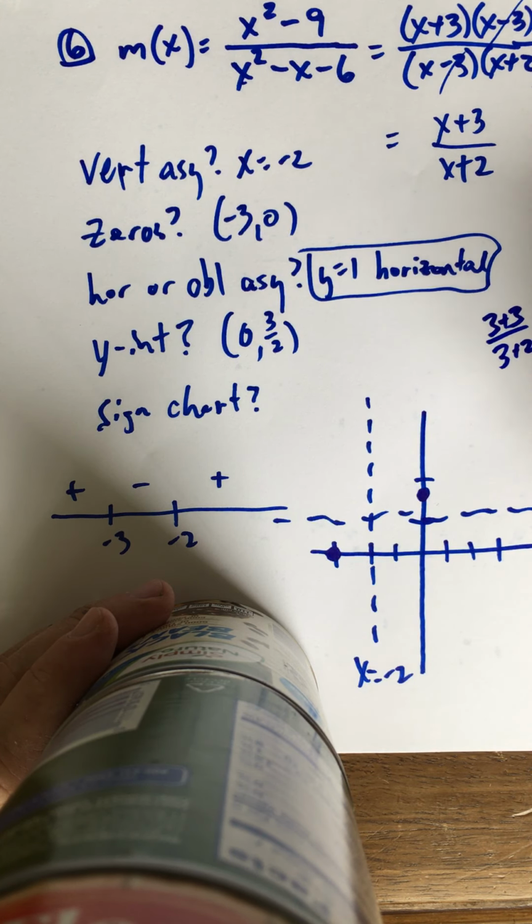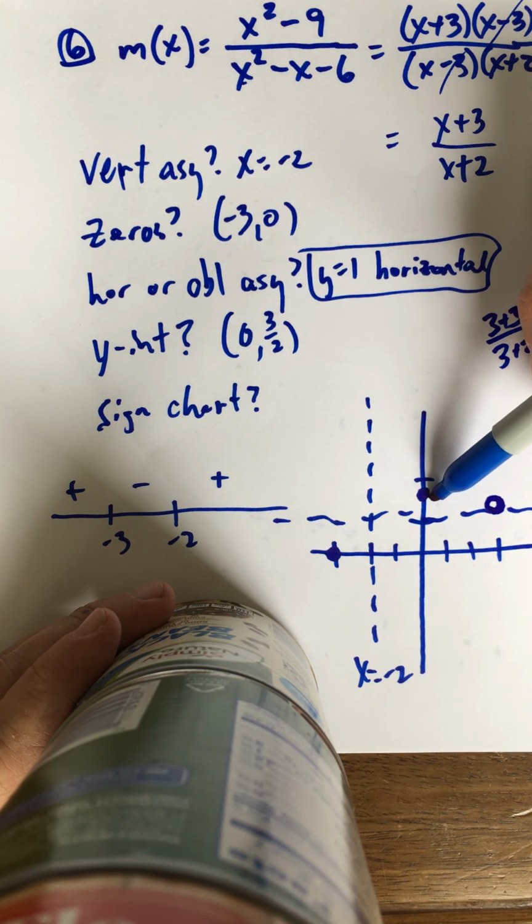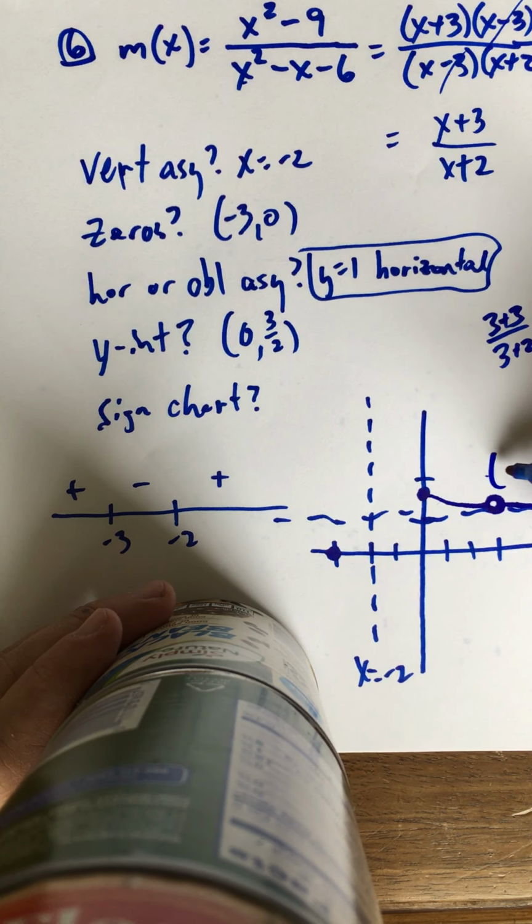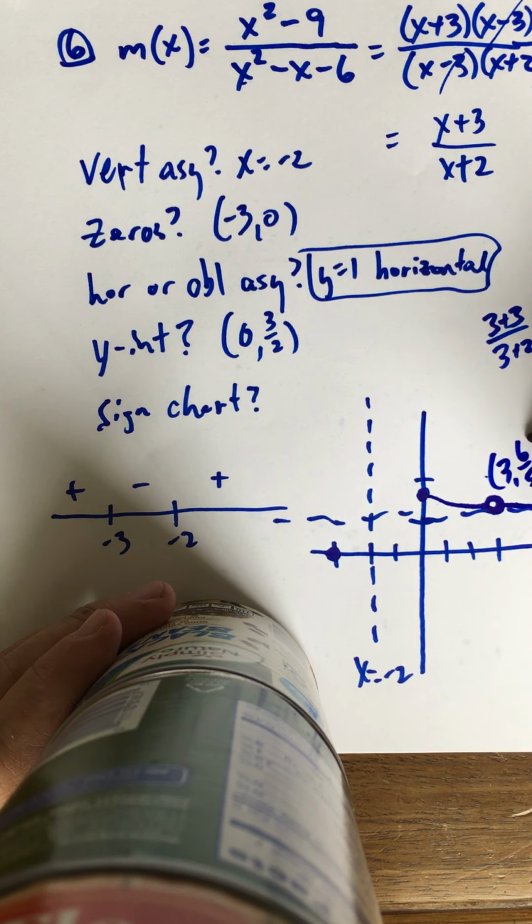That's 6 over 5. That means that when x is 3 at 6/5, which is just barely over that 1, there's a hole in the graph. That means the graph is going to come through here, almost touch that point, and then continue doing what it was doing, and it's just got a hole in the graph at the point 3 and 6/5.